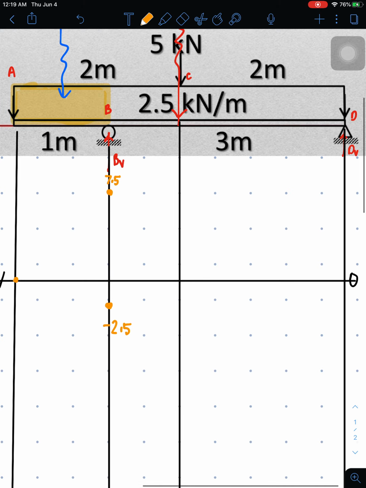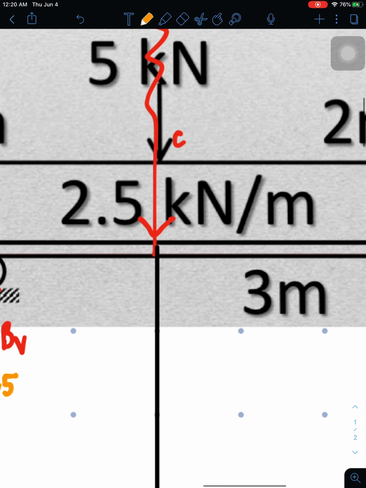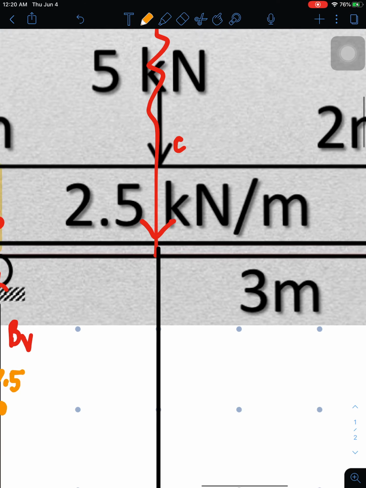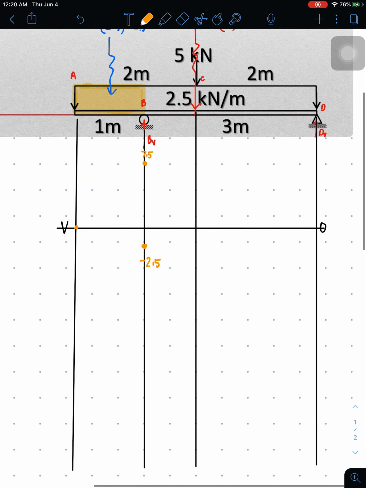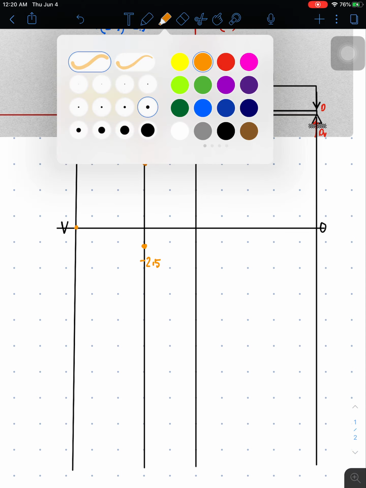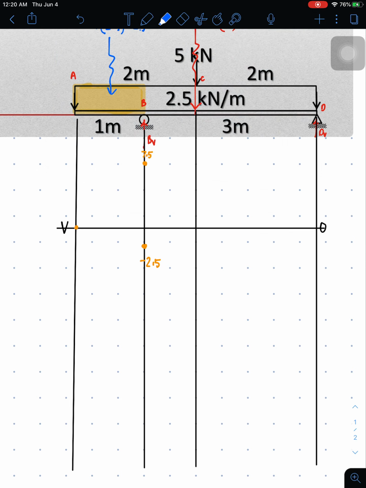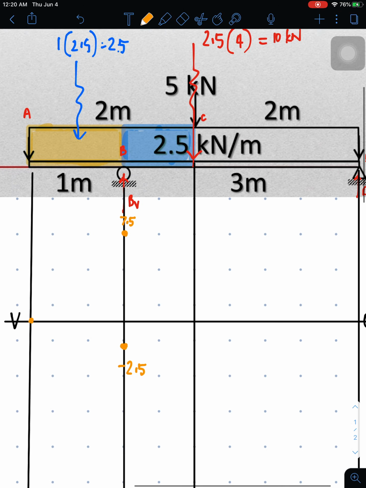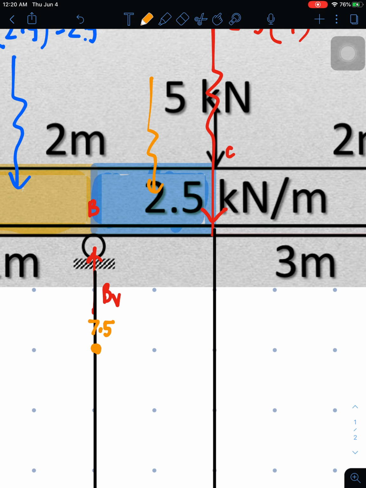Next we're going to plot at C. At C, there is a concentrated load, so there would be two values of shear at C. The first value uses this area, which is the product of 2.5 times 1.